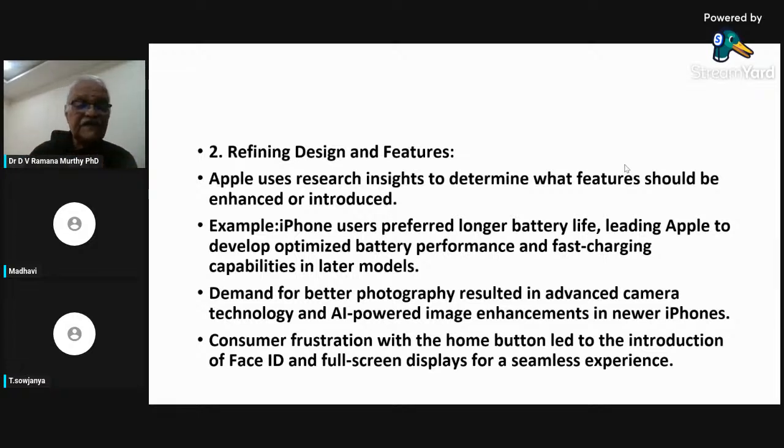How can you know about customer frustration about a product feature? Yes, you have to understand clearly how the customer's pain points are. What are the customer's pain points? Pain points means complaints. So customer frustration with the home button led to the introduction of Face ID and full screen displays for seamless experience, because you have security features, right?